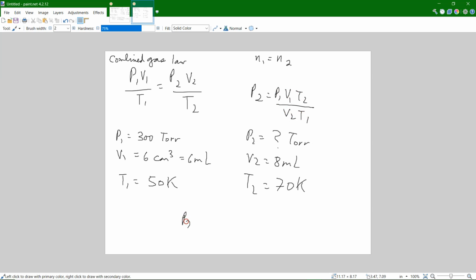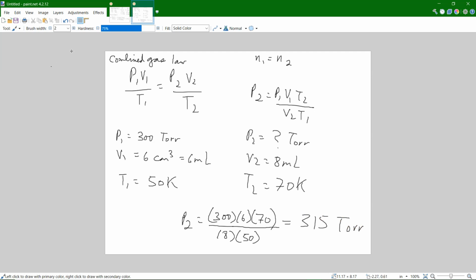Right, so P2 then is P1, so 300 times 6 times 70 over 8 times 50. 300 times 6 times 70 divided by 8 times 50, 315 torr. Okay, so now we know hopefully more clearly the difference between the general gas law and the combined gas law.